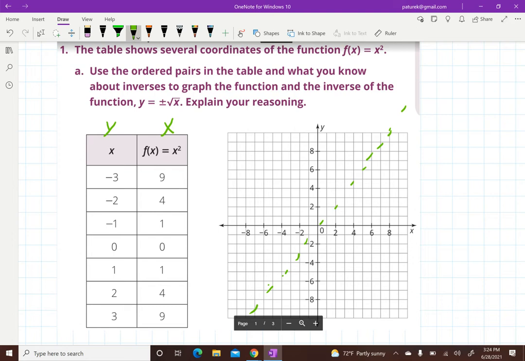So think of this as the coordinates to graph. X equals 9, y equals negative 3, which would put us here.